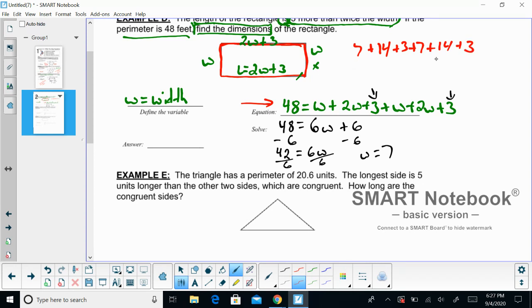Adding these all together, I've got 7 plus 14, that's going to be 21, plus 3 is 24, plus 7 would be 31, and then 14, 15, 16, 17. Here again, I'd have 31 plus 17. That's going to be 48. That's what my perimeter was.